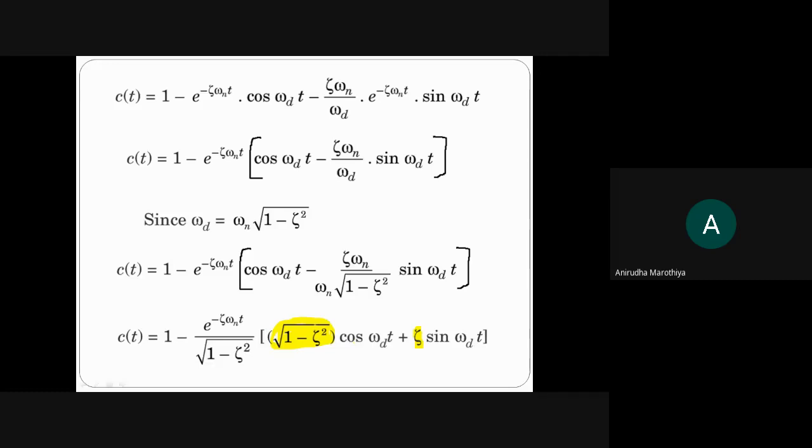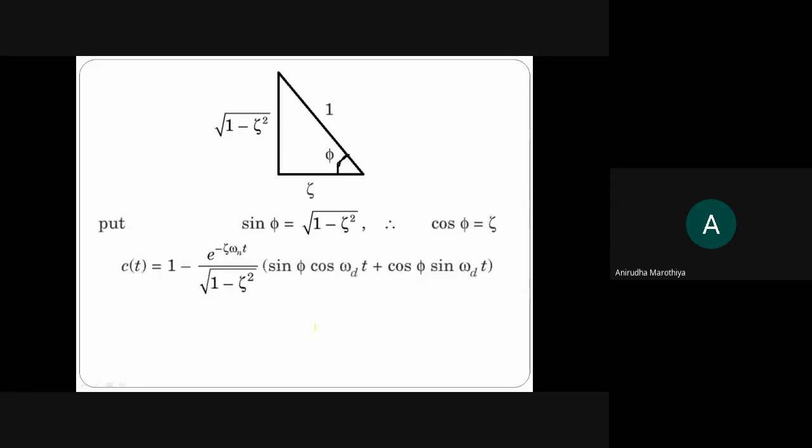So if you apply that logic, you will get this as an output: sin phi, which indicates under root 1 minus zeta square, and cos phi, which indicates zeta. Are you getting my point? Yes sir. Okay, please write this down. Now, why are we doing this?